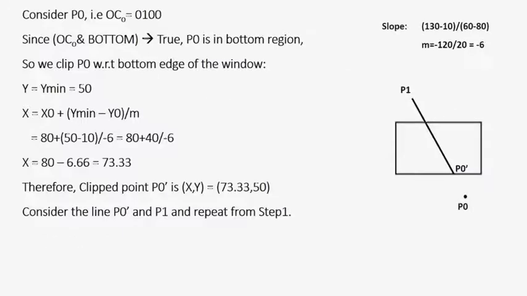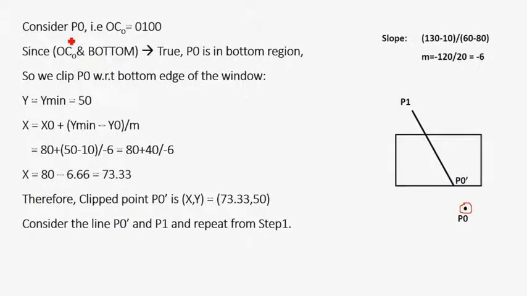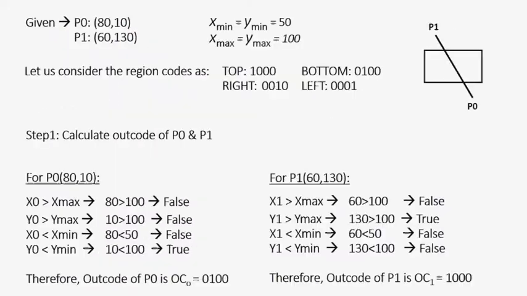Now to do that, I'll initially take one point, that is P naught, and start processing it. This is the outcode of P naught, and the bottom outcode is true.